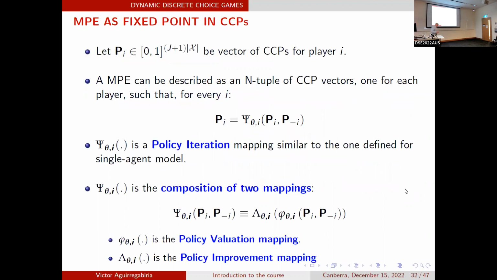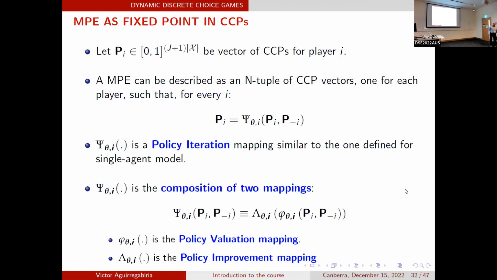Now this is the definition of a Markov perfect equilibrium in the space of actions of the players. Once we introduce incomplete information in the game, we can define this Markov perfect equilibrium in the space of choice probabilities.